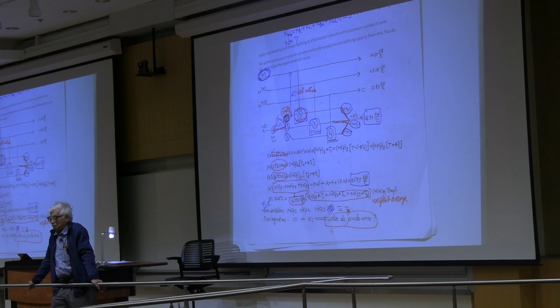You cannot change your temperature, pressure, flow rate of V feed, L feed, vapor feed, liquid feed. It's given from upstream. Your boss asks you to process them. You cannot change it.